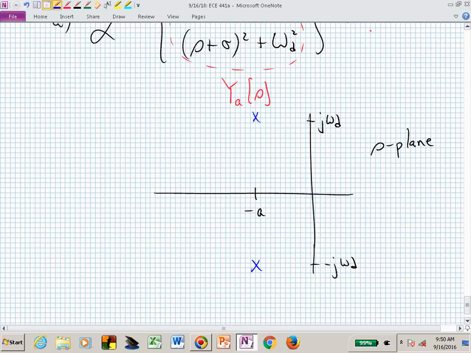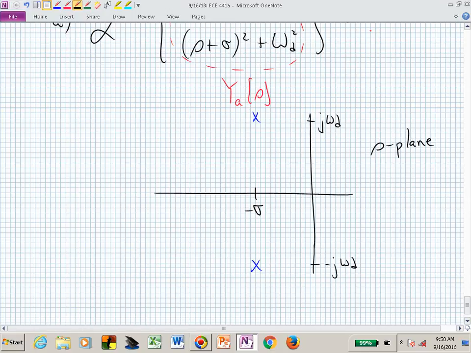And what does this look like in terms of time domain response? Question? Is that S plus A or S plus sigma? Thank you. It's minus sigma. I wondered why you guys were giving me this questioning look.